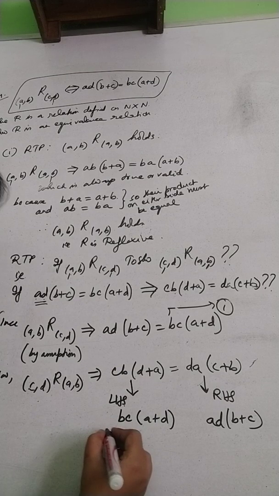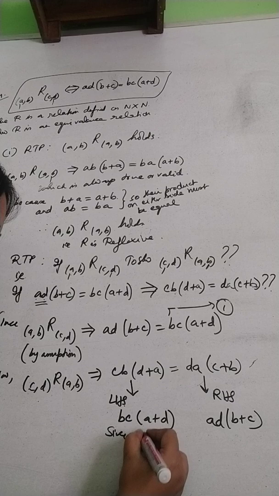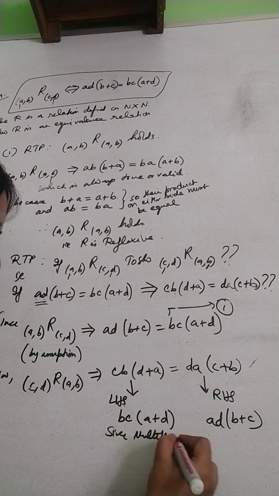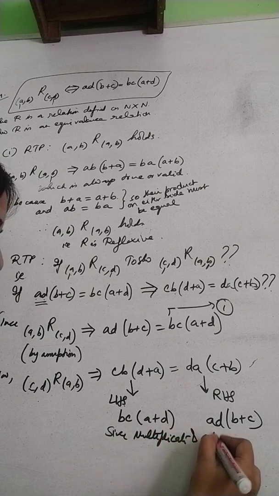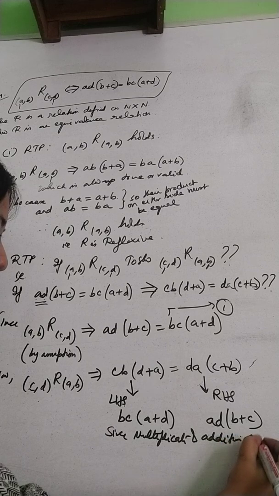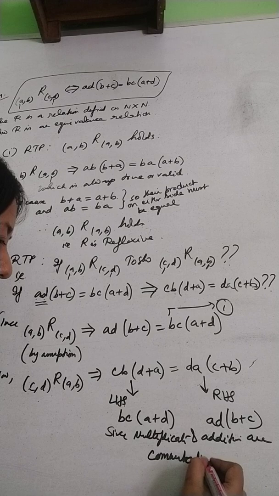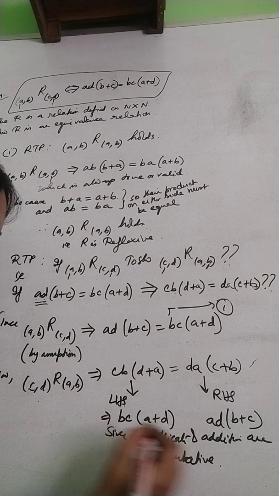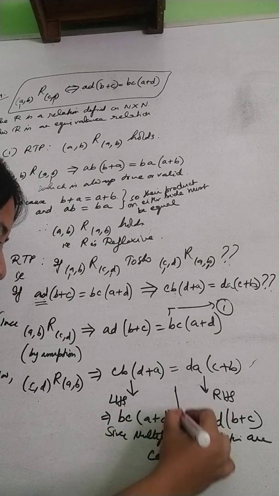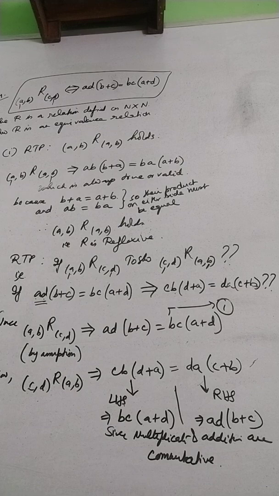Okay, so you will write, since multiplication and addition are commutative, this implies this and LHS implies this. Just a partition in between, which is true by equation 1.